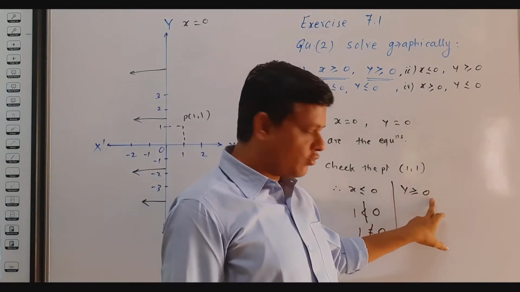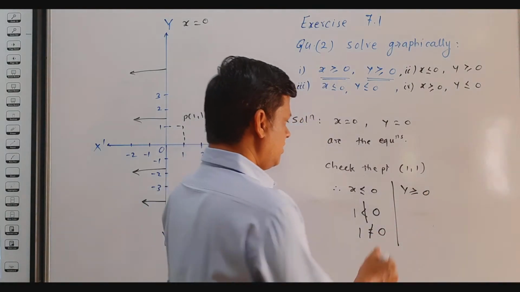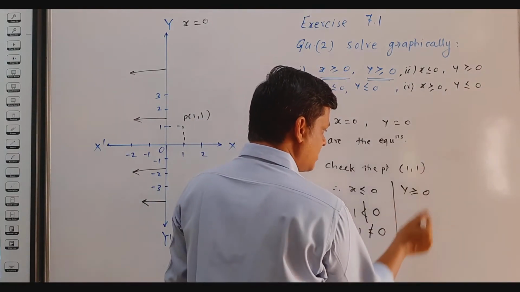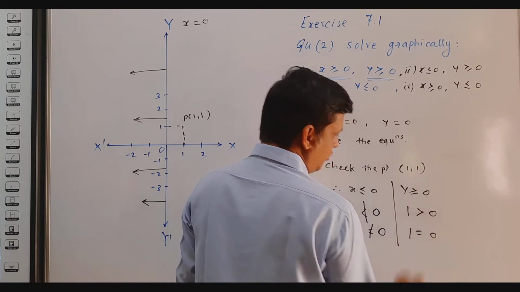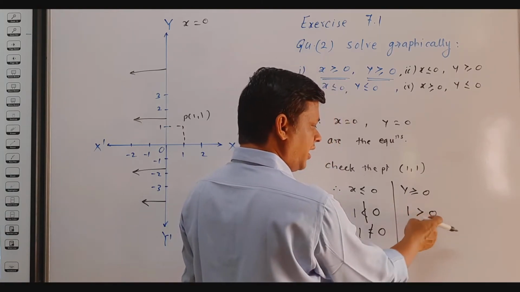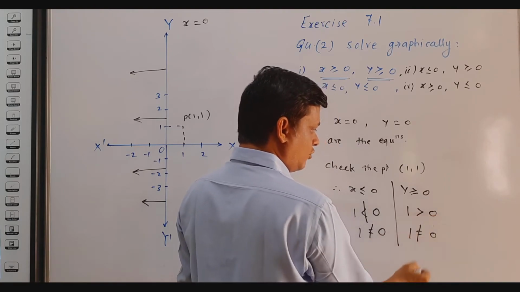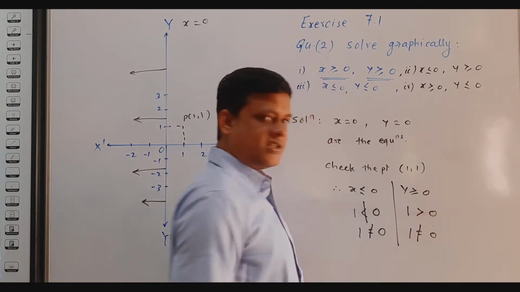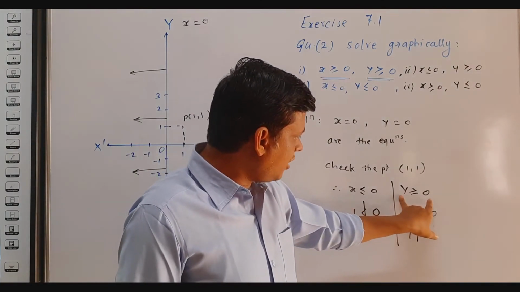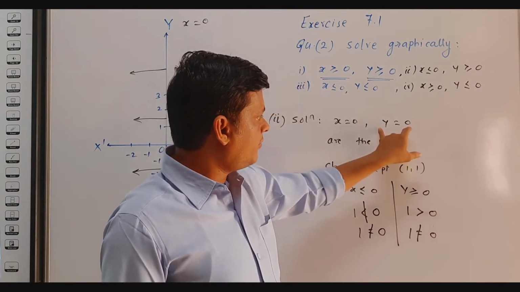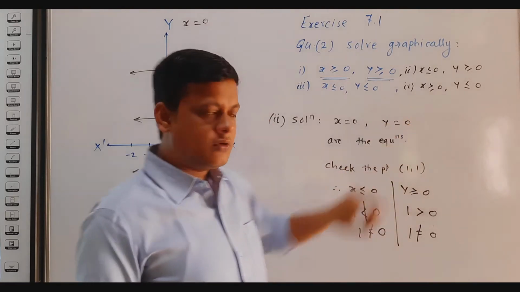y greater or equals to 0 we have to check the condition. So we again take y as 1. Is 1 greater than 0, is 1 equals to 0, we have to check. We know that 1 is greater than 0 and 1 is not equal to 0. But here one condition is satisfied. So y greater or equals to 0. So from that we write y equals to 0.